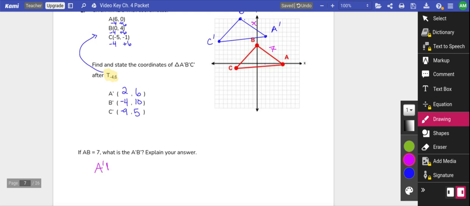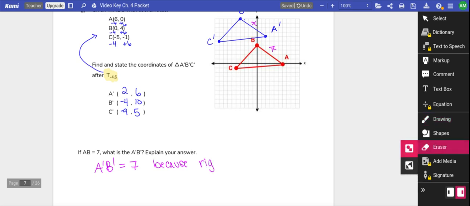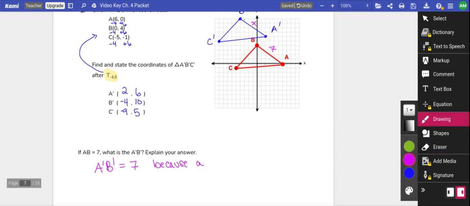A prime B prime would also be equal to 7 because, let me start again, because a translation is a rigid motion, and rigid motions preserve distance.